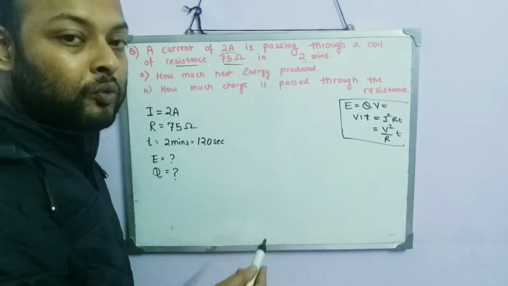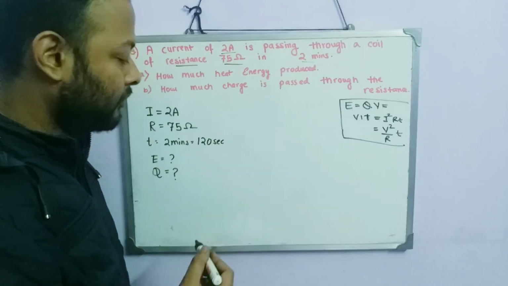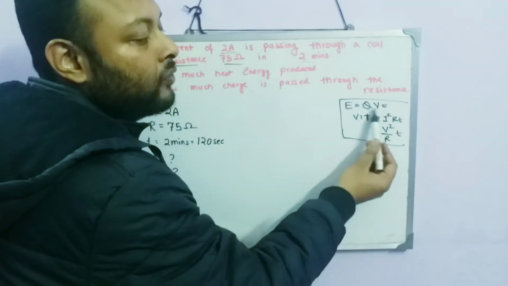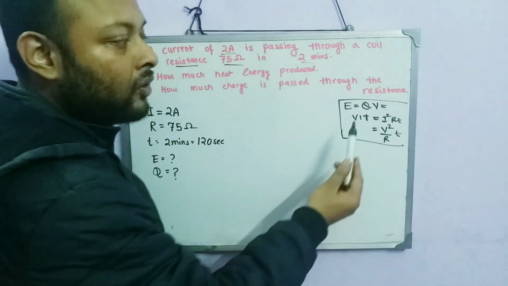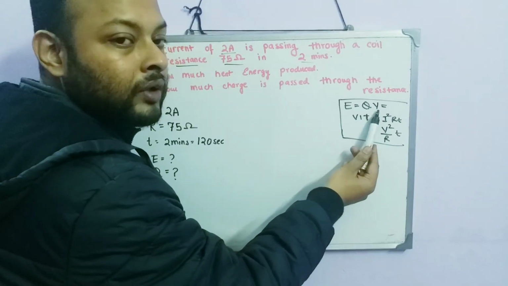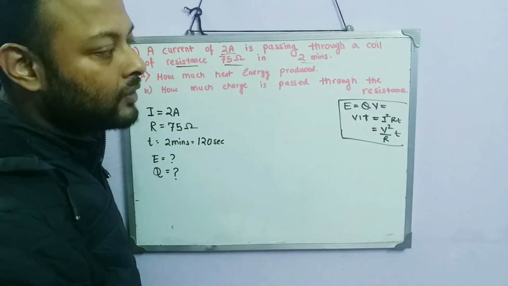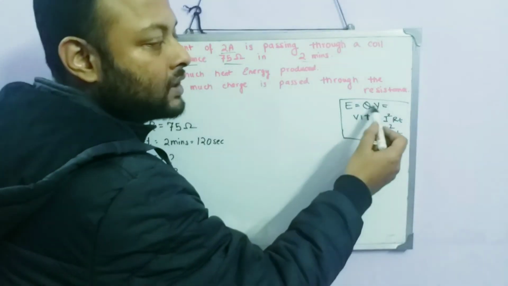Now which one we have to apply depends on the question. Now if you see this entire question, I cannot apply QV. Why? Because neither charge is given to me, nor voltage or the potential. So this formula is discarded.